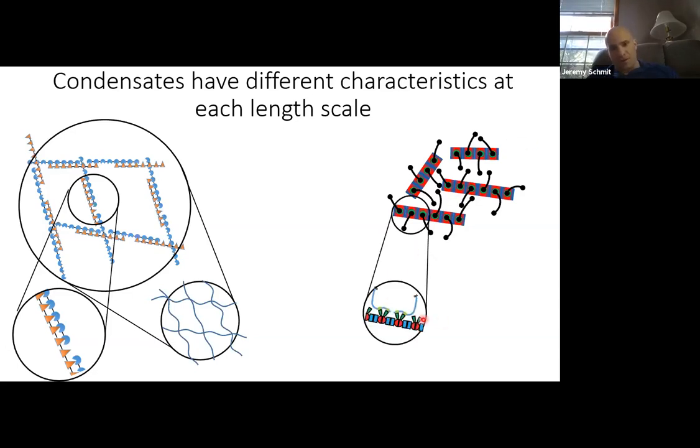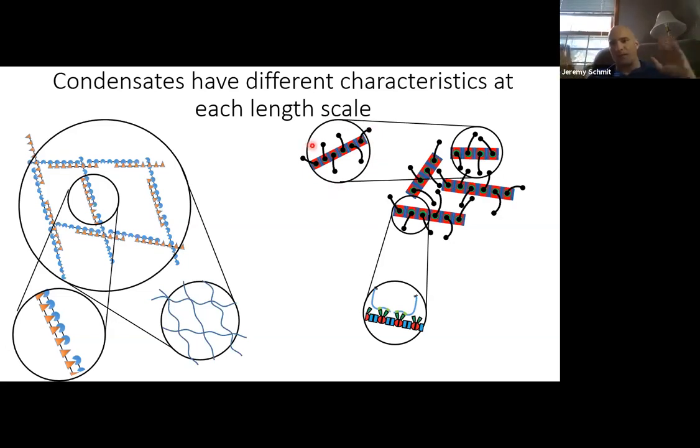On the short length scale, we get DAXX that binds to SPOP here. And actually, if I look at this, it doesn't look all that different from this over here, so I wonder if there's some similar physics going on. Up here, we have this brush-like assembly, which is responsible for switching us back and forth between gels and liquids.